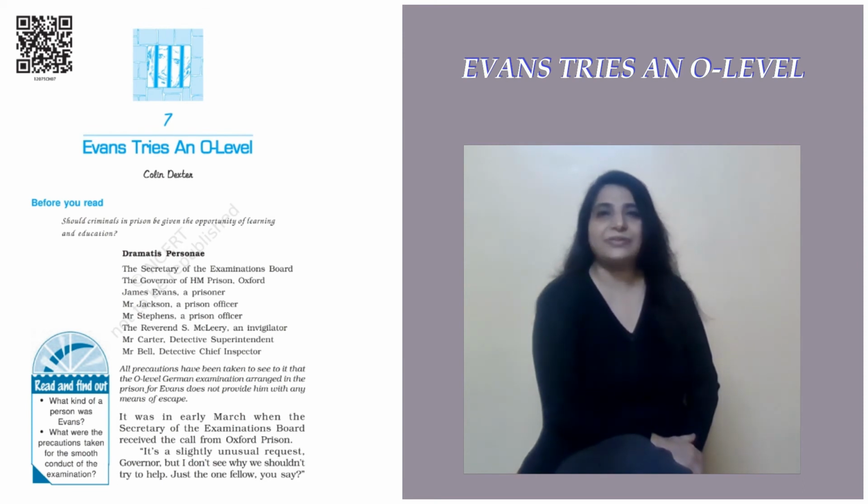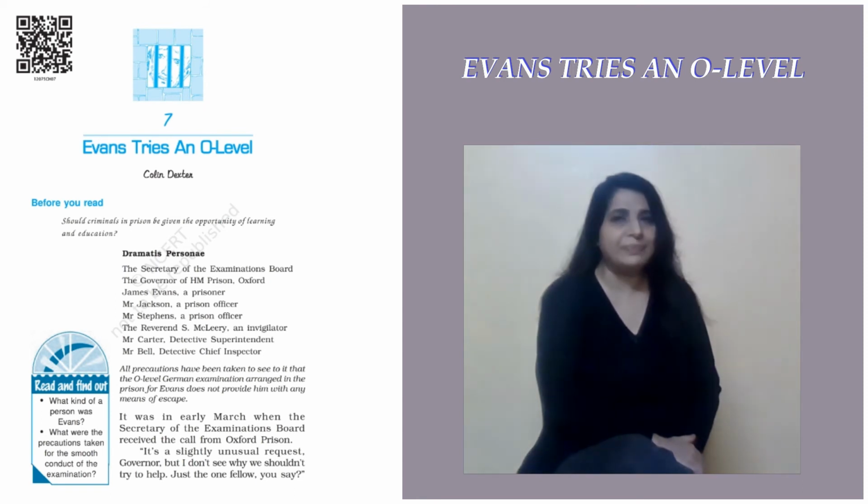The solitary cell of Evans was turned into an examination room by placing 2 small tables and 2 chairs in it. Jackson told Evans to behave himself. He further added that the governor himself was going to listen into the conversation in the cell, and he himself would be watching him like a hawk, so he better keep his nose clean.